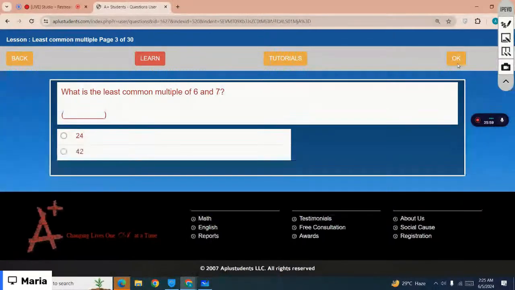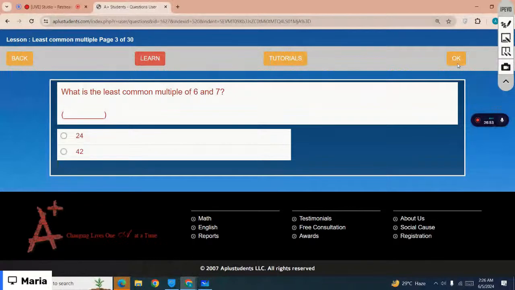What is the least common multiple of 6 and 7?